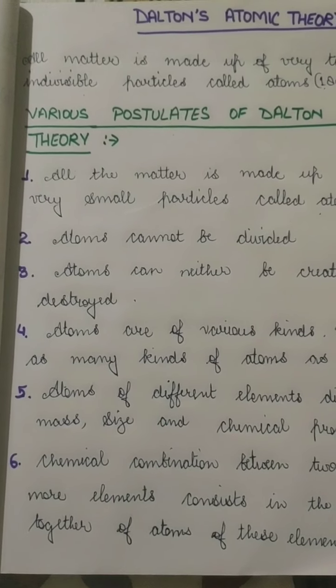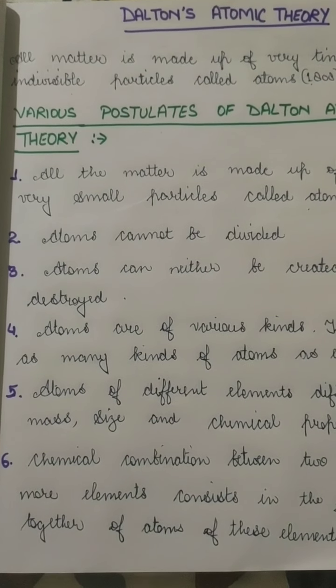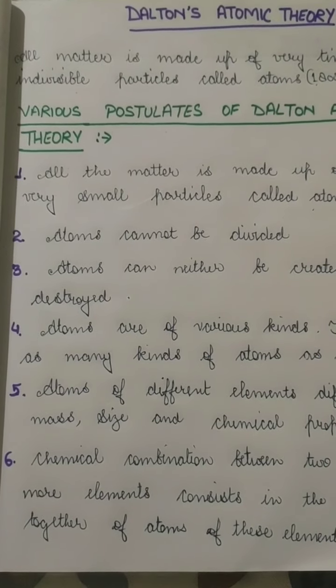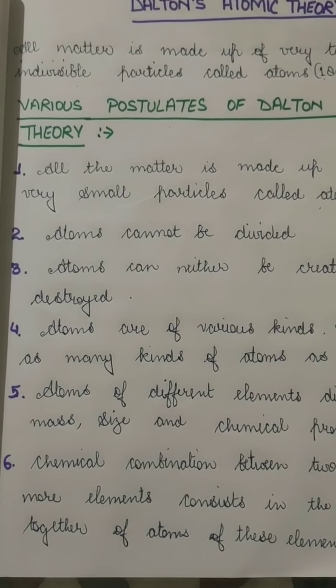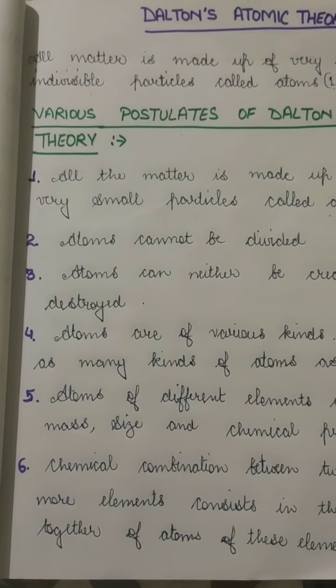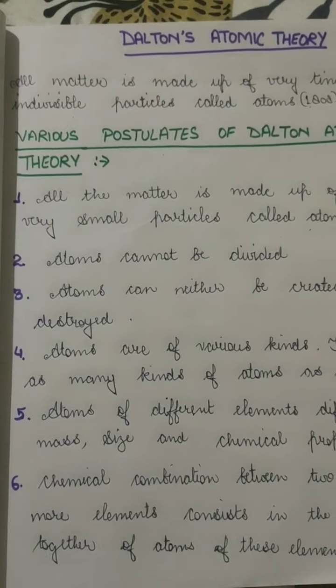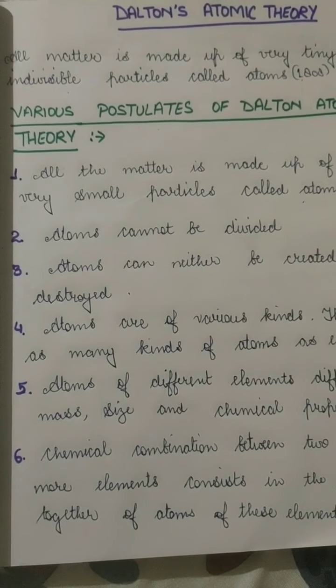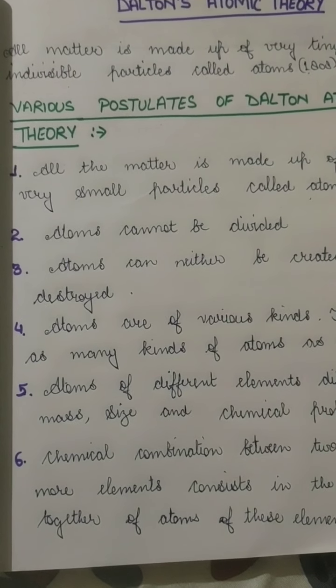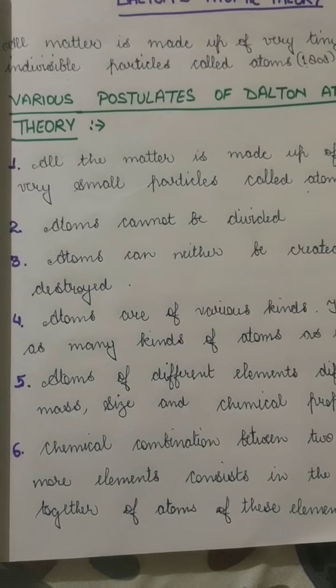He was also the first one to calculate the masses of the atom. In this atomic theory, he said that all matter is made up of very tiny, indivisible particles called atoms, and this theory was given in 1808.